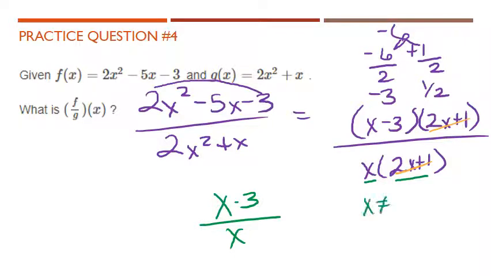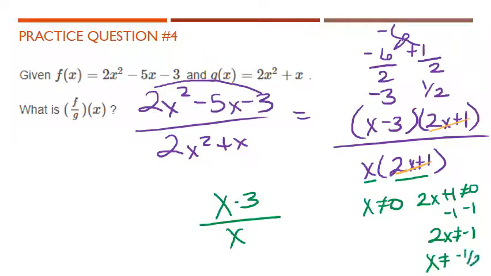So x cannot be equal to 0 because you can't have a 0 on the bottom. And that 2x plus 1 cannot be equal to 0 either. So we need to solve that out. So subtract the 1. So we get 2x cannot be equal to -1. And then divide by the 2. So therefore, x cannot be equal to -1/2. Okay? So you have to have those two restrictions. You got to have x cannot be 0 and x cannot be -1/2.